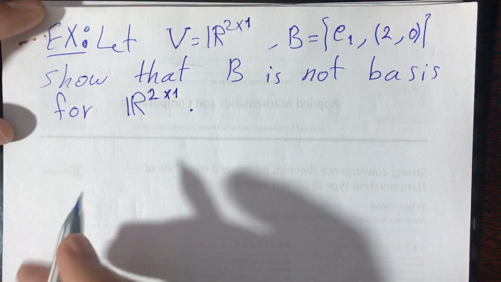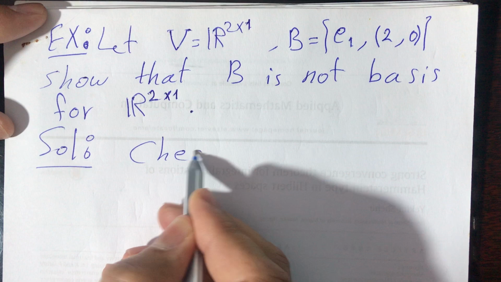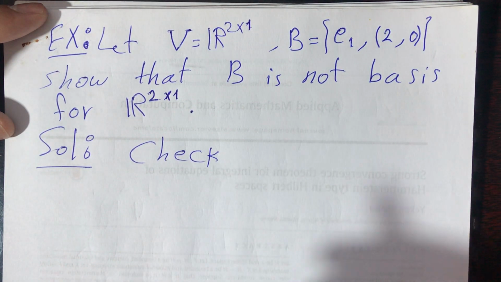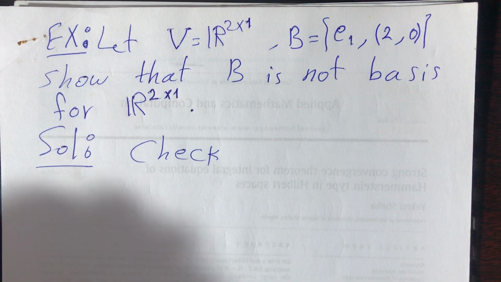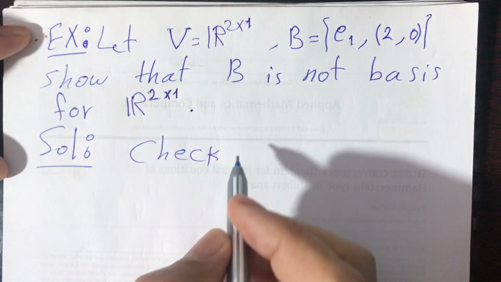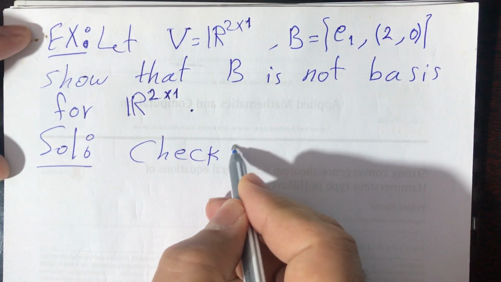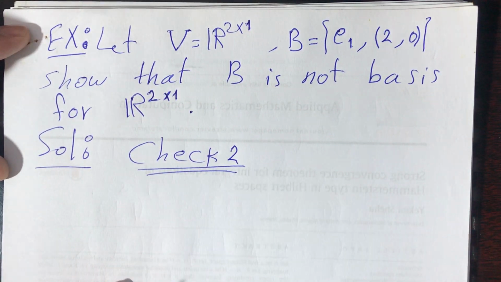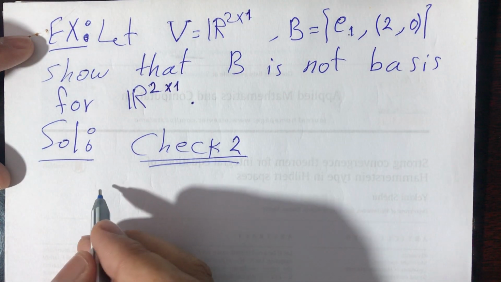Look, solution, check 2. If one is not satisfied, I can say this set is not a basis for these vectors. Try to check 2. Are these vectors linearly independent?